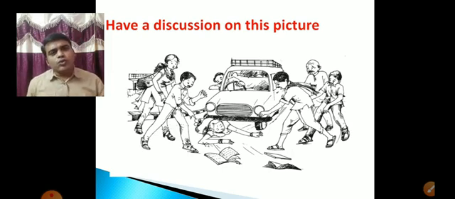What will you do when you see an accident, children? Do you help them? Or do you run away from that place, or try to escape from that place? Do you help? Yes, we have to, children. We have to help the people who are in trouble or who get an accident.